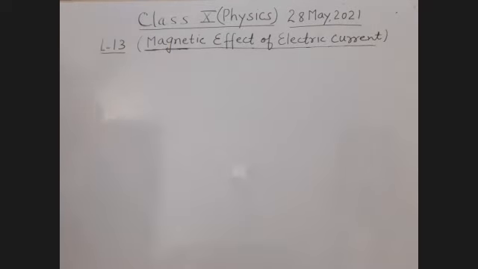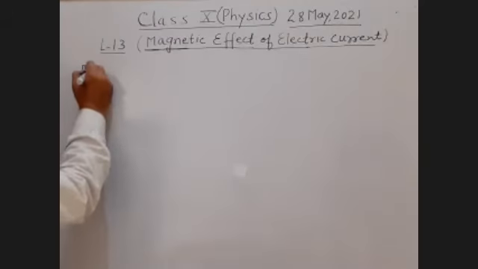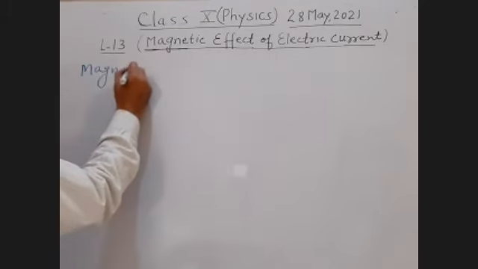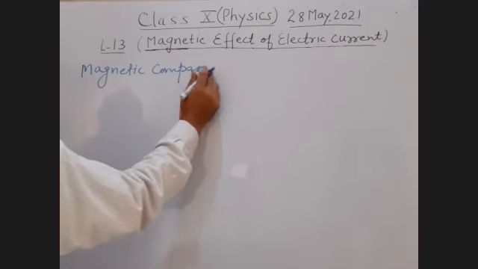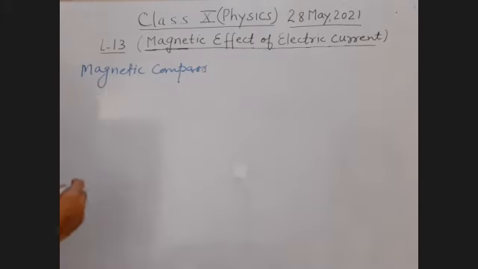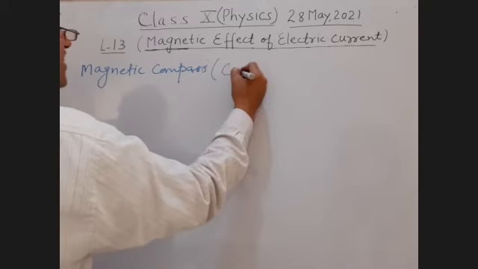If you want to write down the definition of the magnetic compass, you can write it down. I will write down the definition. Magnetic compass, also called the compass needle.